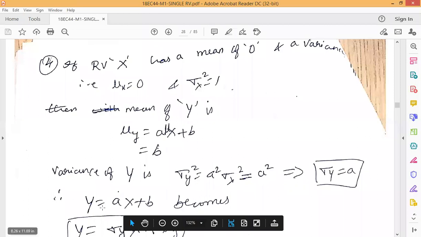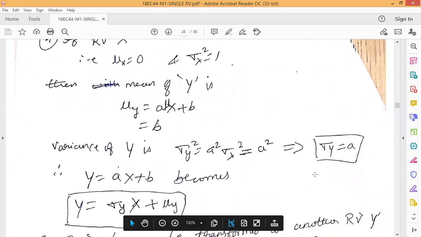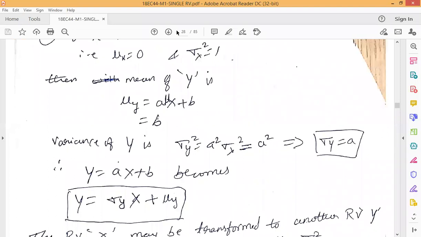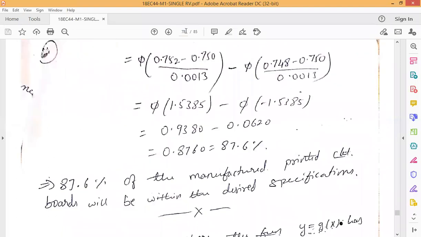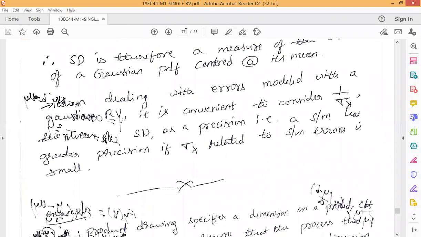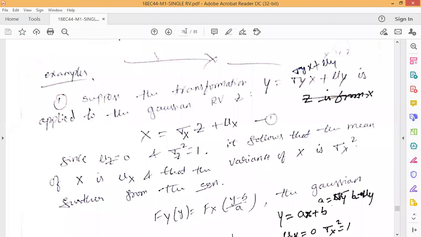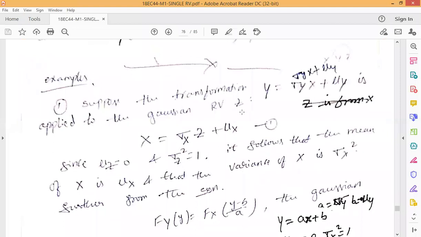So for the transformation function y is equal to ax plus b, we got y is equal to sigma_y x plus mu_y. The same equation which was obtained here can be applied to the Gaussian random variable z.